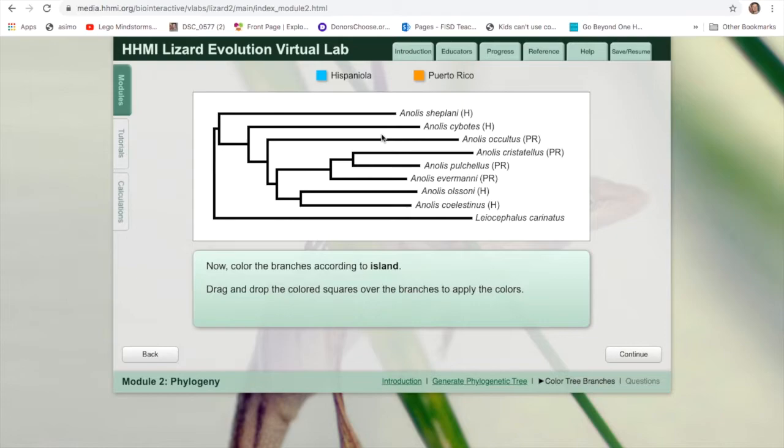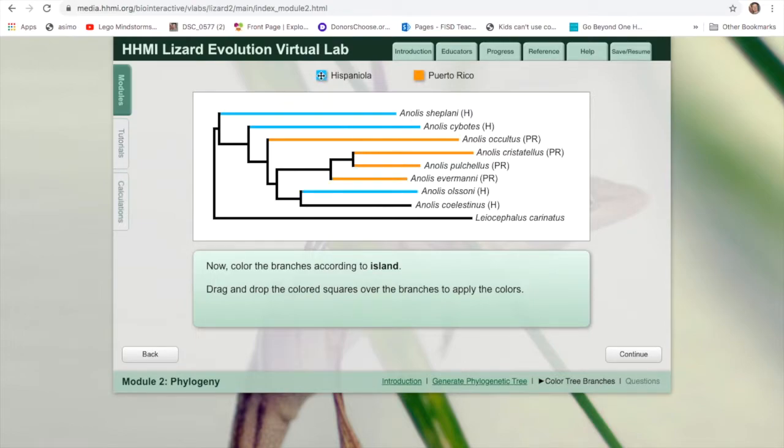They were also comparing species from two different islands. This is the island with Haiti and the Dominican Republic, and then we have Puerto Rico. Now, what you might expect to see here is if they live on the same island, maybe they came from a common ancestor more recently than the ones on different islands.